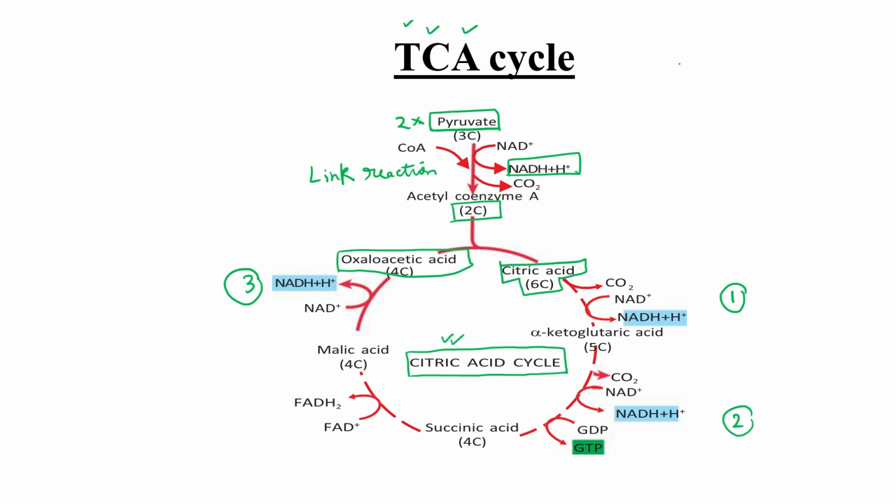This is a link reaction because this reaction connects the citric acid cycle to glycolysis. So, 1 NADH during the link reaction and 3 NADH during the citric acid cycle. So what is the total number of NADH generated inside the mitochondria? This is the number 4. 4 NADH. Am I right?